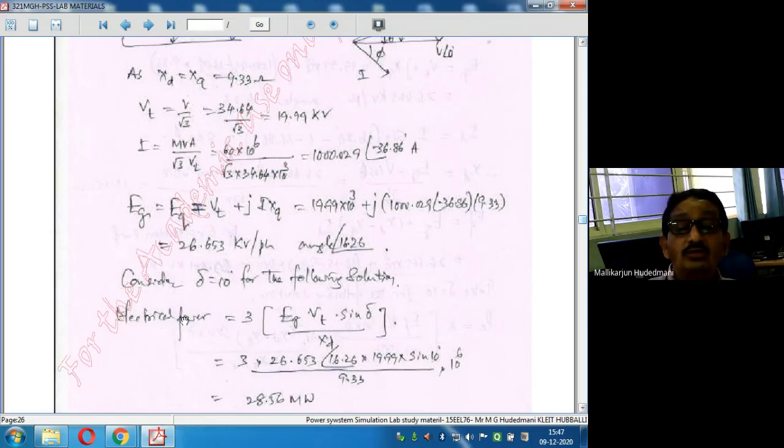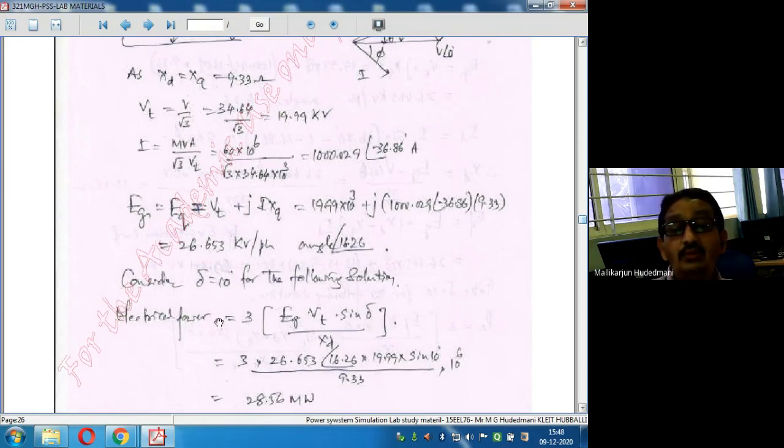Then to plot it, I should know, for delta equal to 0 to 180 degrees, tabulate the data of power. Once you have power and delta, tabulate it in a column structure and project them as a graph. To do that, I use this calculation, 3 outside, EG VT sin delta divided by XD, changing the delta in discrete steps 10, 15, 20 like that.